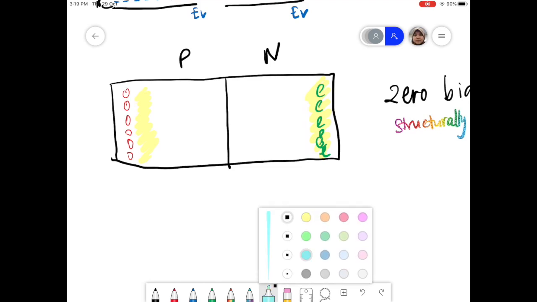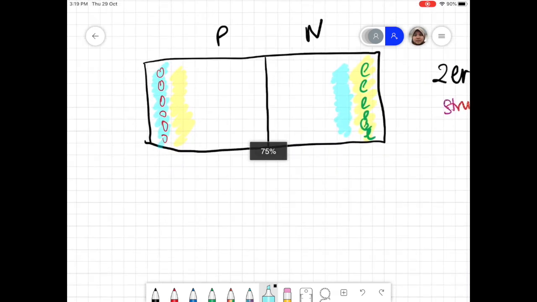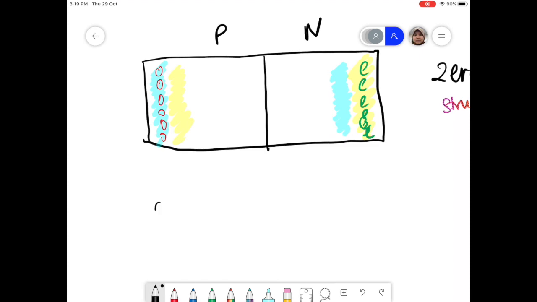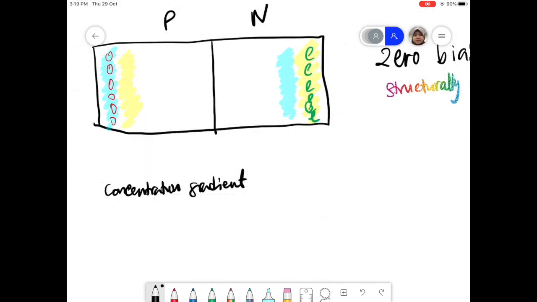While for holes, you have majority at the P, but at the N side you have minority holes. I mean, you have holes but very little. So can you see now there's a concentration gradient, a difference in the carrier concentration.